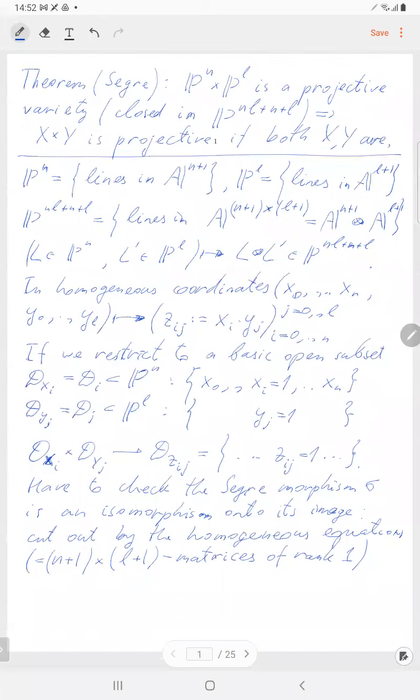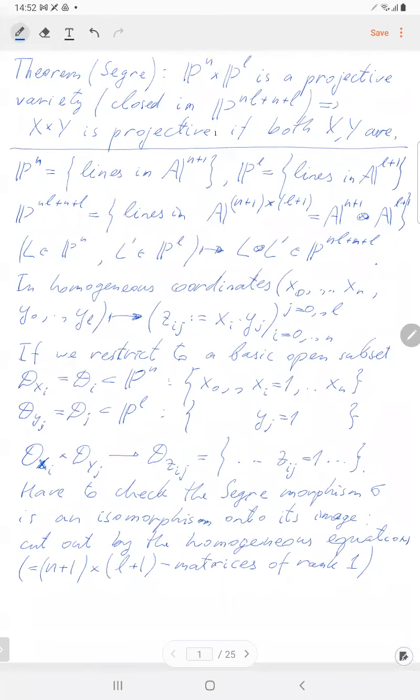So you ask why the rank is 1, don't you? Well, that's some basic observation in linear algebra.